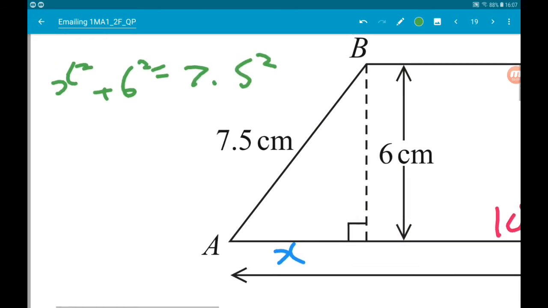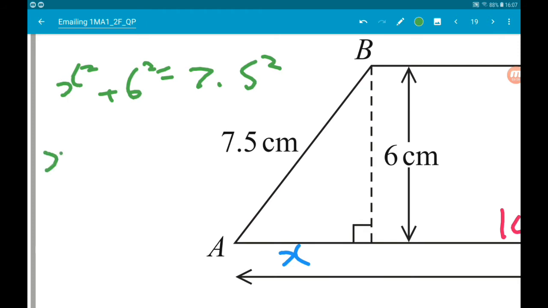So, x squared add 36 is equal to 7.5 squared, which is 56.25.